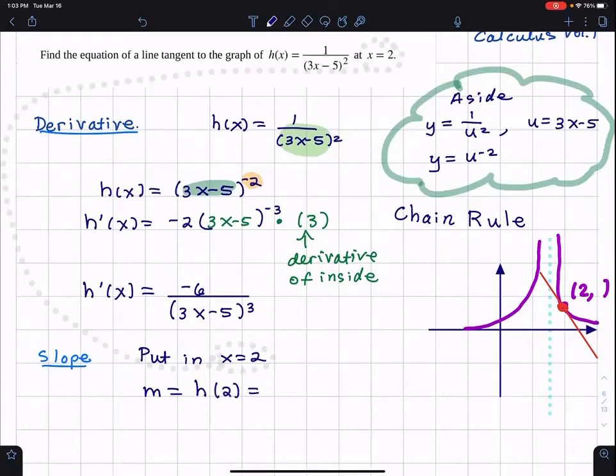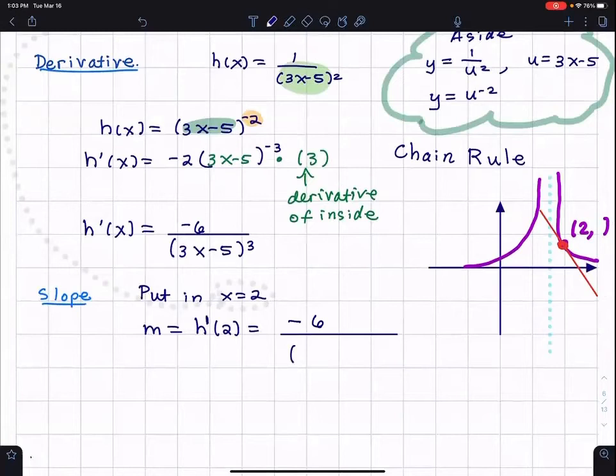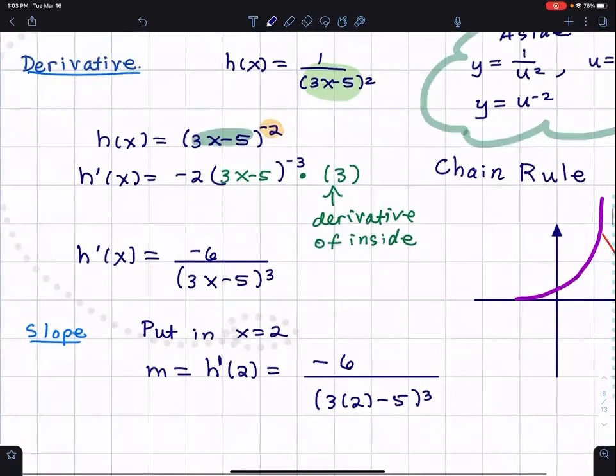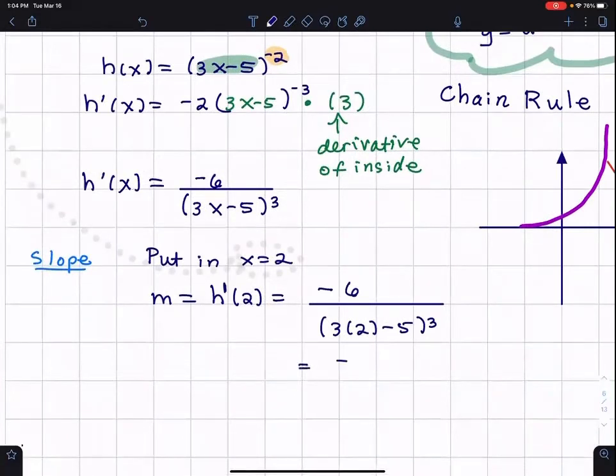So I put this 2 into h prime. That's why we find the derivative. The derivative gives the slope, but I need to plug in 2, because this -6 over 3x minus 5 cubed is obviously not the slope. I need to have a number, and that's how I get the numbers.